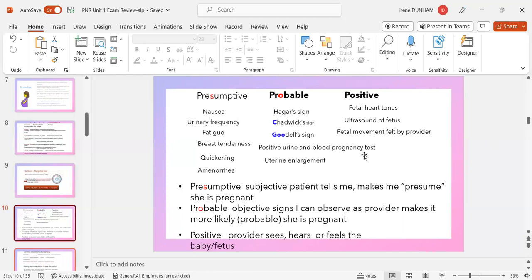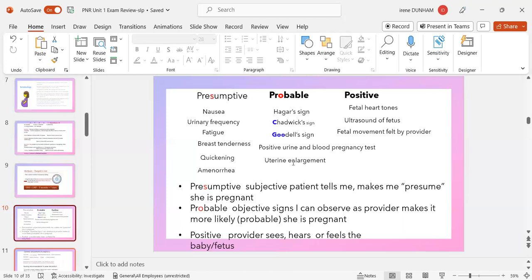See here, positive urine or blood pregnancy test. But if the other choice was fetal heart sounds were heard, would that be positive? Yeah. So that's an example of how the question is asked. That's why you've got to know these. And I would just say, know these: presumptive, that's subjective. My patient tells me, okay, but am I really sure? Not really.